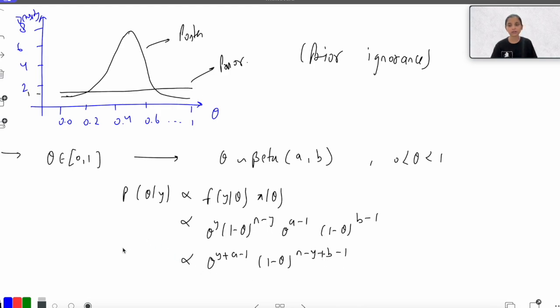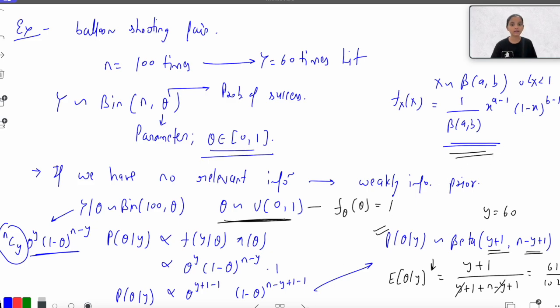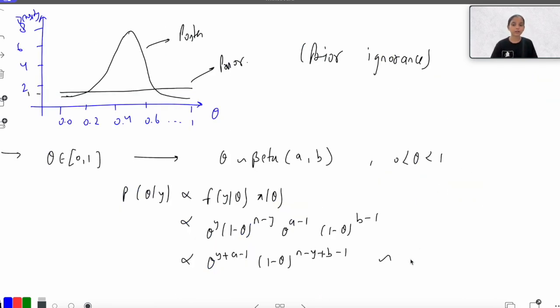Okay, now by using the same distribution here, P of theta given y is following beta distribution on the parameters y plus a and n minus y plus b.